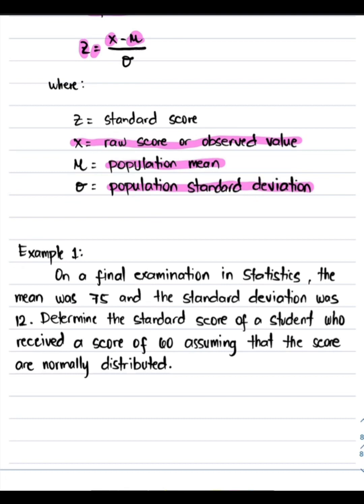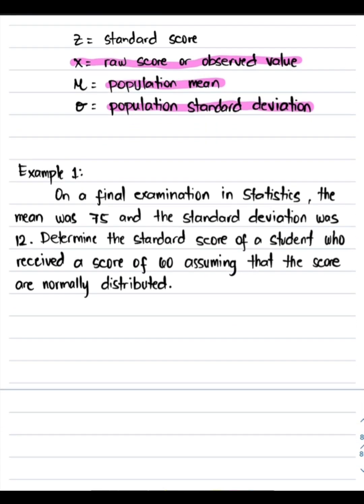Okay, for example number 1, we need to find the z score or z value. On a final examination in statistics, the mean was 75 and the standard deviation was 12. Determine the standard score of a student who received a score of 60, assuming that the scores are normally distributed.